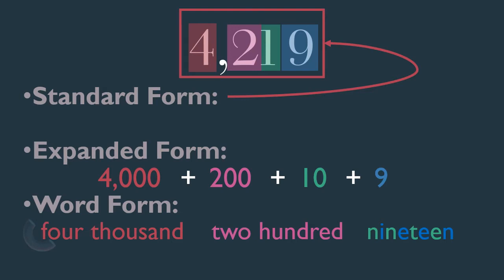But take a look at your digits and take a look at where the comma falls in those digits. That comma is between the 4 and the 2. It's between the 4,000 and the 200. So when we write the word form, we need to include that comma as well. So there's your standard form, expanded form, and word form of 4,219. Let's take a look at some more.